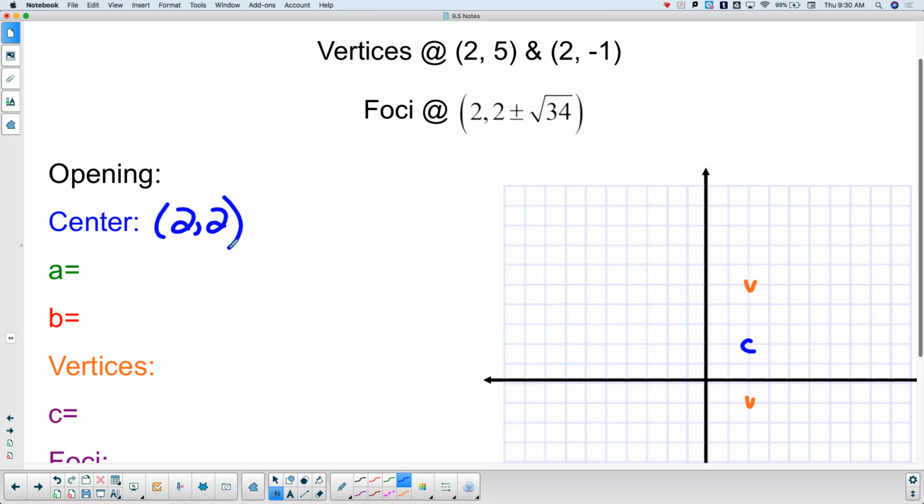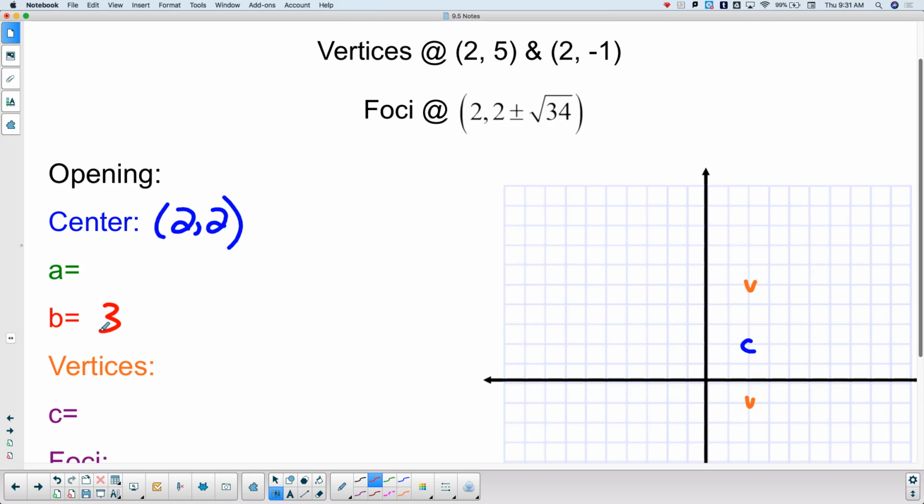What else? A is 3? No. What you got, Janelle? B is 3, because that's up and down, right? Yeah. B is 3. Julie, what do you got? Oh, well, let's not worry about vertices yet.